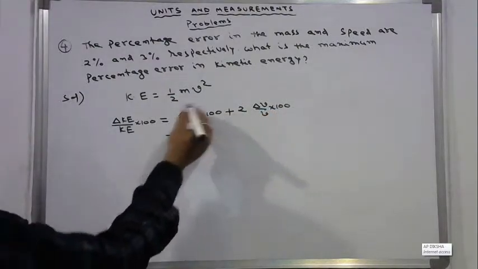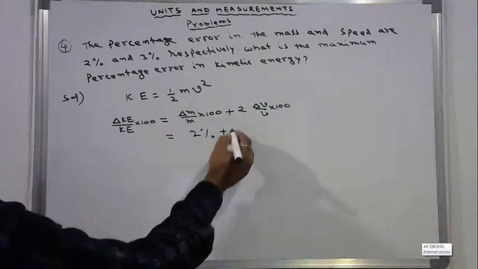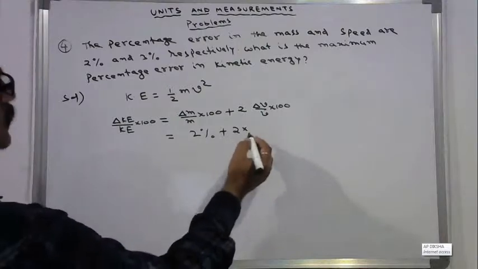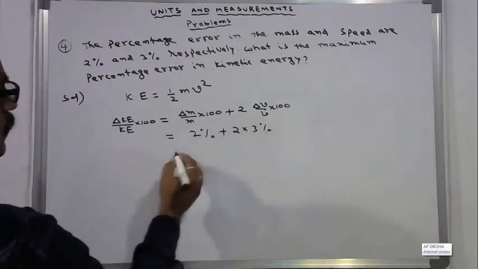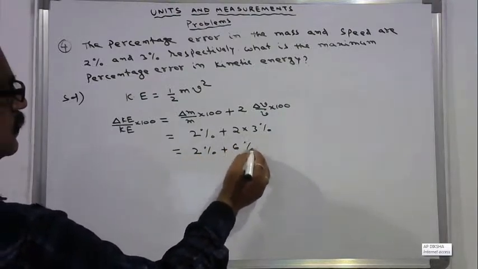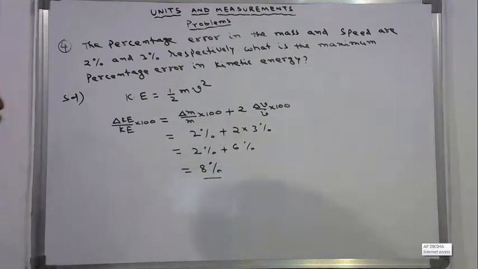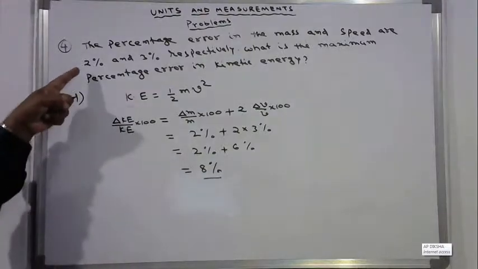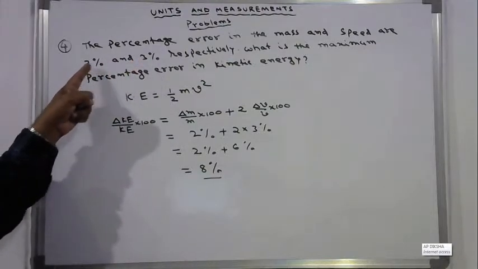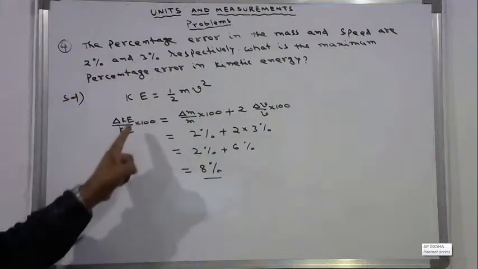So this is given, percentage error in mass is 2% plus 2 into the percentage error in speed, which is 3. So what is the total percent now? 2% plus 6%. So total it is 8%. So the error in mass is 2% and the error in speed is 3%. These two lead to the percentage error in kinetic energy.